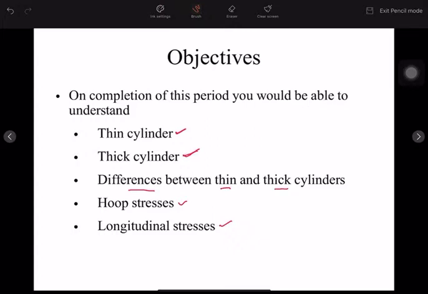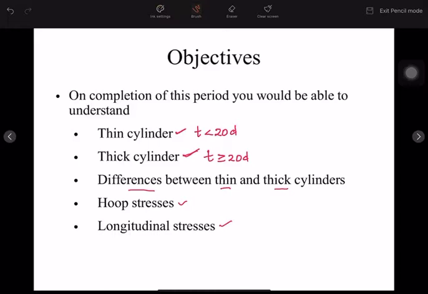If we quickly review, a thin cylinder is considered to have a thickness of less than 20 times its own diameter, and opposite to that, a cylinder which has thickness greater than or equal to 20 times d is known as a thick cylinder.